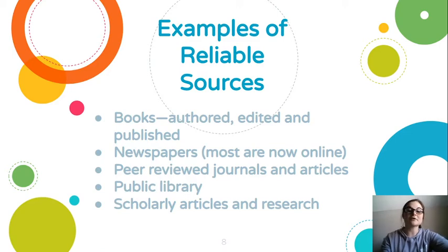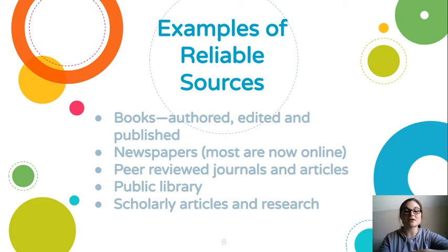So books, authored, edited, and published, newspapers, peer-reviewed journals and articles, the public library, scholarly articles, and research. So one of the books that I know I read about Michelle Obama was her personal autobiography, Becoming. So that would be considered a reliable source because she wrote it herself. It was edited and published by professionals.